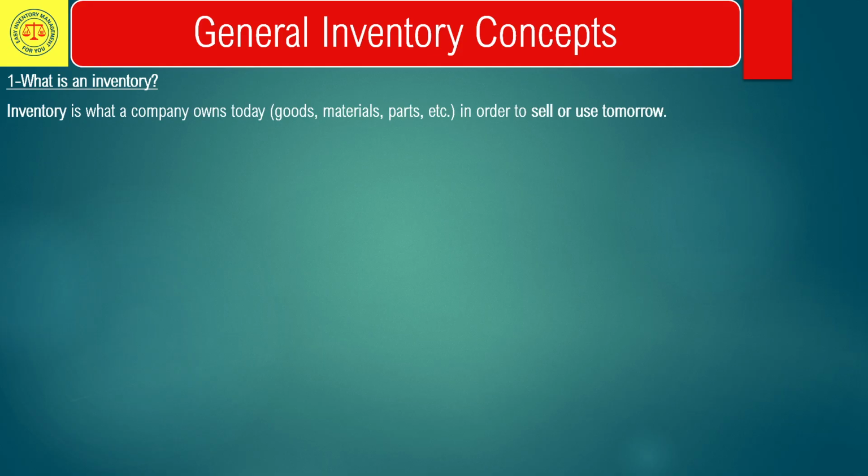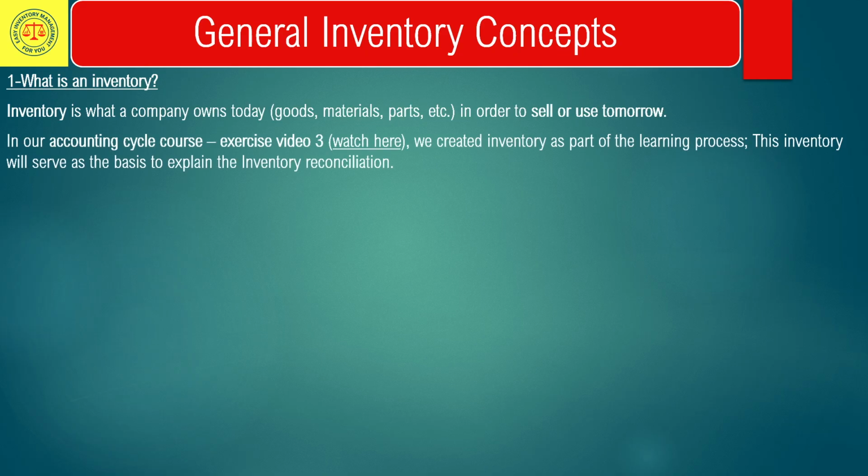There are other types of inventory, depending on the size or how organized the company is. There are types of inventory like an office supplies inventory, or fixed asset inventory, machinery and equipment, furniture, etc.